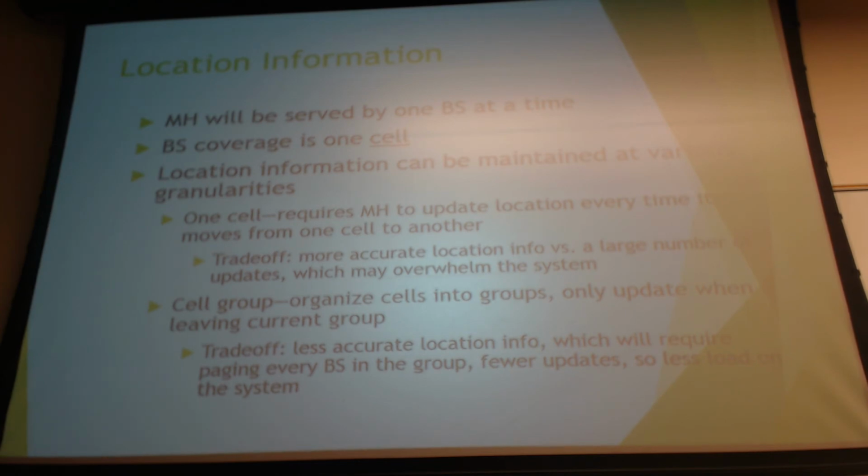But if you have a cell group location, only if you cross a cell group do you do handoff. You don't need to do handoff if you roam between two cells that are in the same group. So you are reducing the cost of handoff.